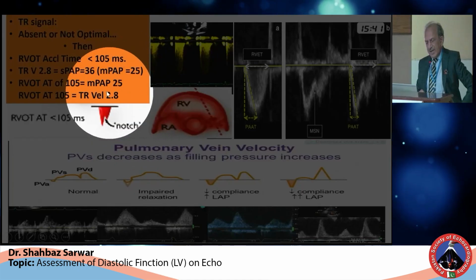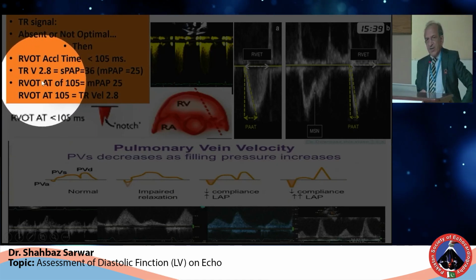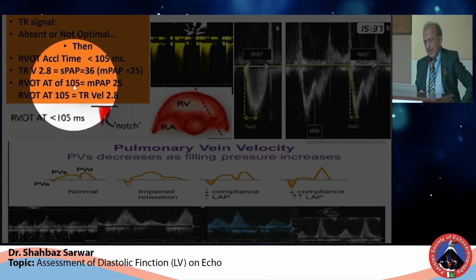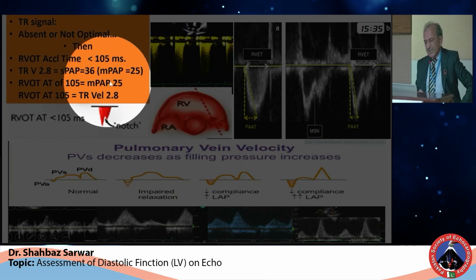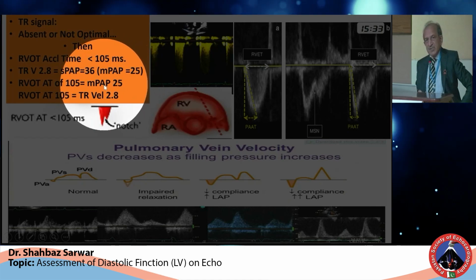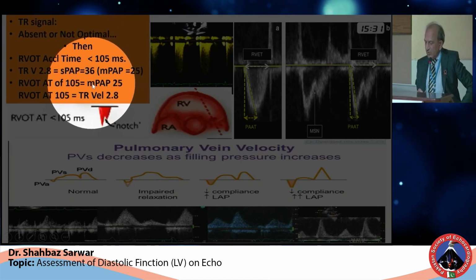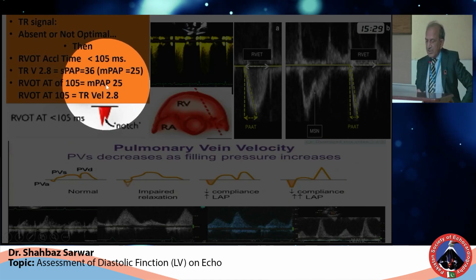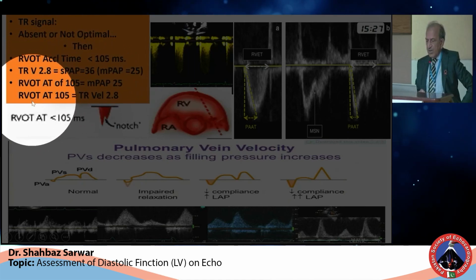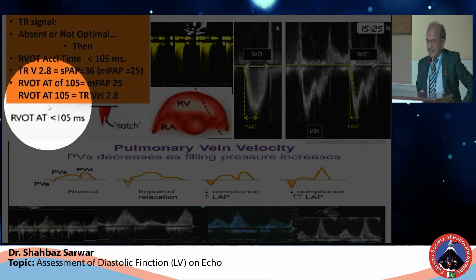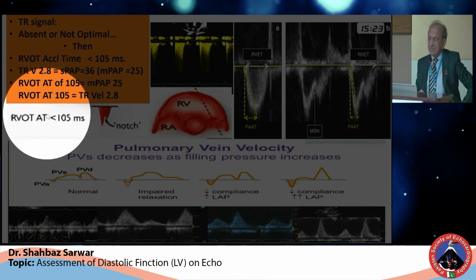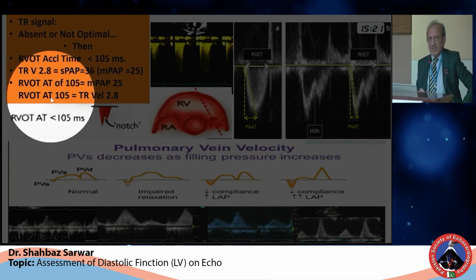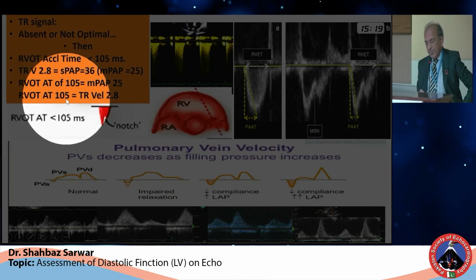Now what the guidelines say is that an RV outflow tract acceleration time of 105 is equivalent to a mean pulmonary artery pressure of 25. So if you do not have a TR velocity, you can do the right ventricular outflow tract acceleration time, which can be measured in more than 95% of cases very properly.